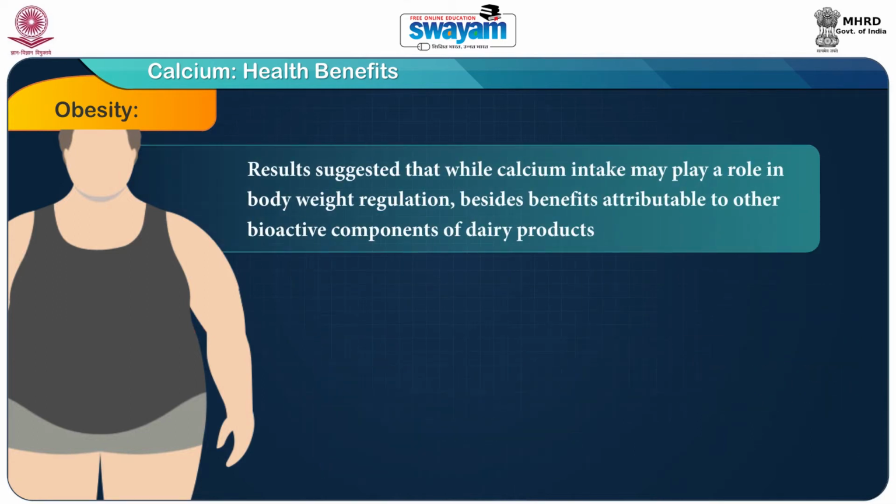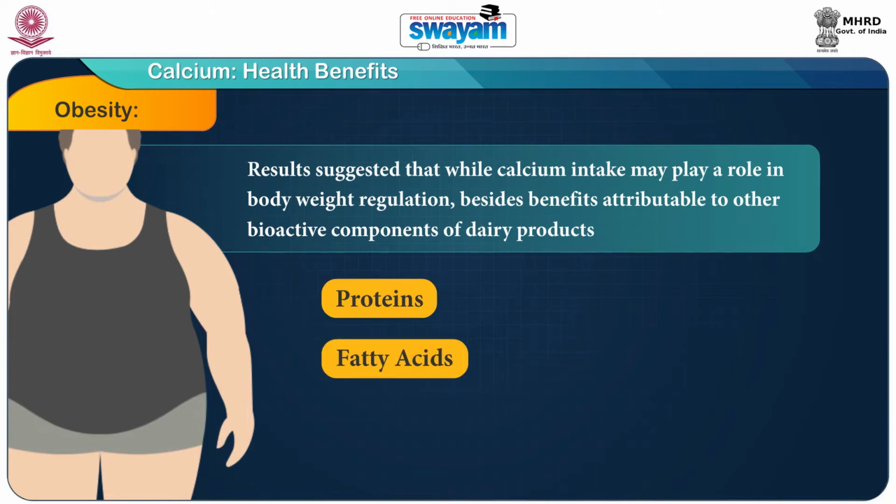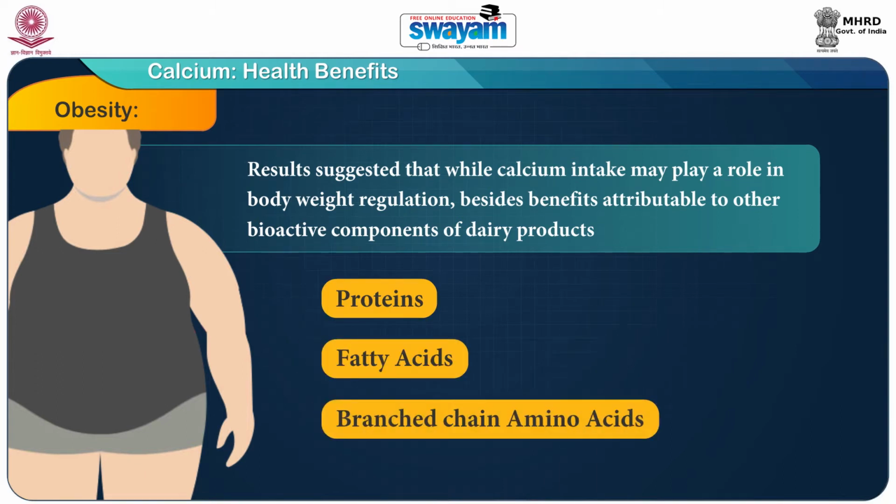Results suggested that while calcium intake may play a role in body weight regulation, besides benefits attributable to other bioactive components of dairy products, that is, there might be a role of proteins, fatty acids and branched chain amino acids in reducing obesity.